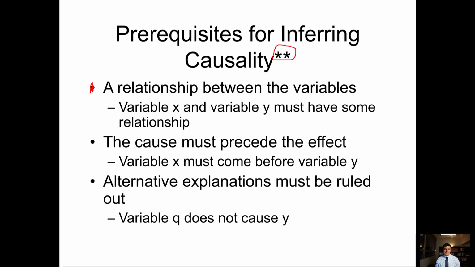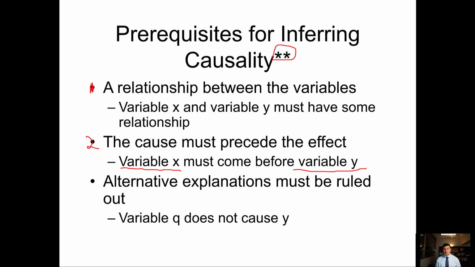Otherwise, we wouldn't say it's a causal mechanism. The second, which is a little bit more difficult to get to, is that your cause must come before the effect. So in the candy cigarette example, playing with candy cigarettes comes before smoking as an adult. So we have number 1, a relationship, and number 2, that one comes before the other.